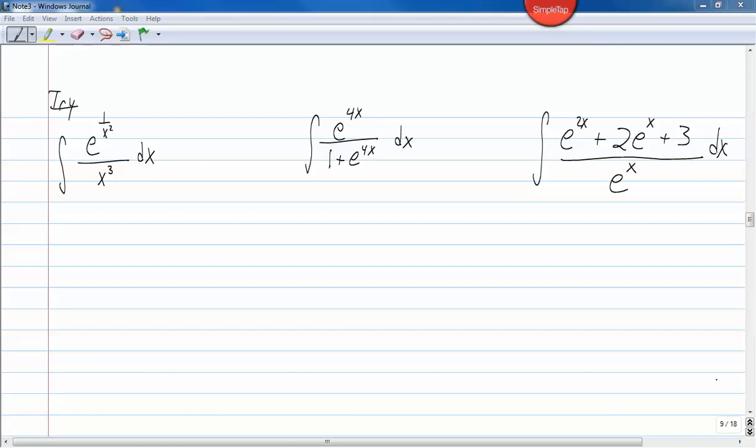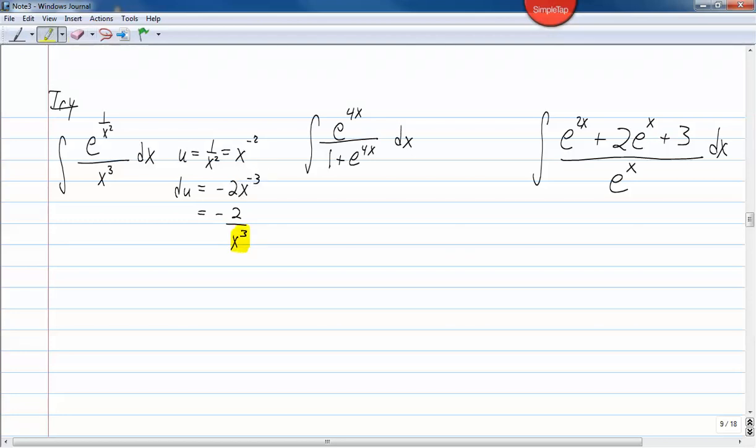So in this first one here, let's let u equal 1 over x squared. So then that's the same as x to the negative 2. So your du would be negative 2x to the negative 3, or negative 2 over x cubed.